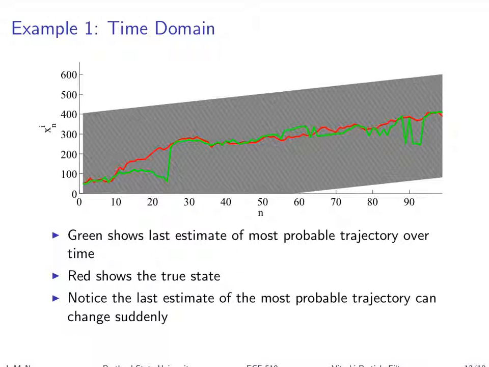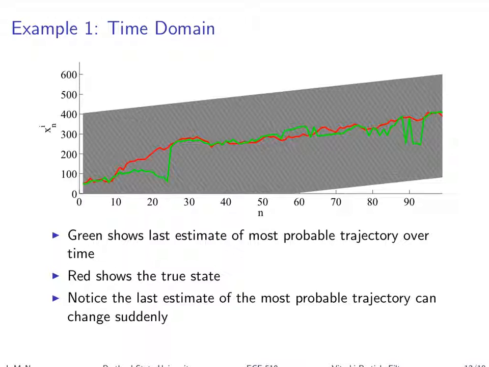So the green line is showing something weird, and I hesitated to even include it, but I did anyway. At every given time step, we've got the entire past trajectory estimated. But often what we're interested in our applications is what's your best guess of what the state is. And if you're going to do that with a Viterbi algorithm, the only thing it gives you is the best entire past trajectory.